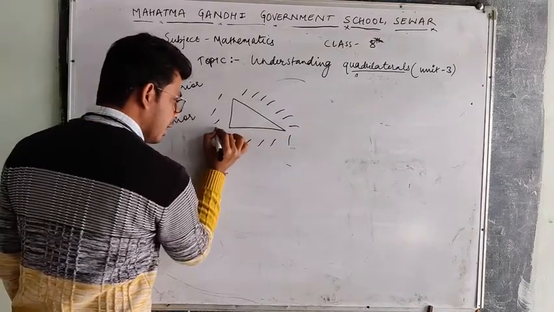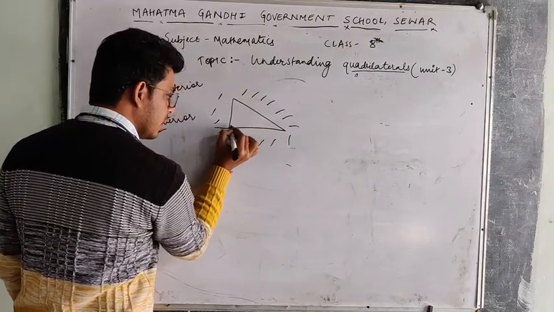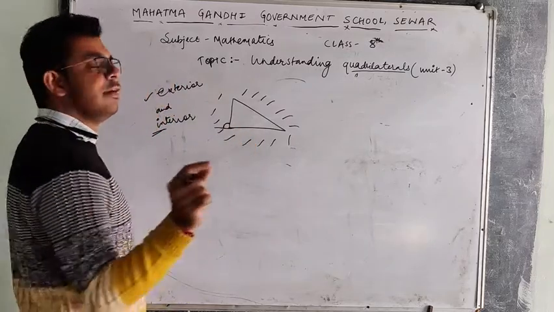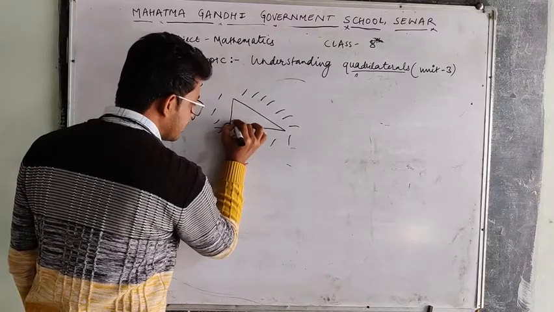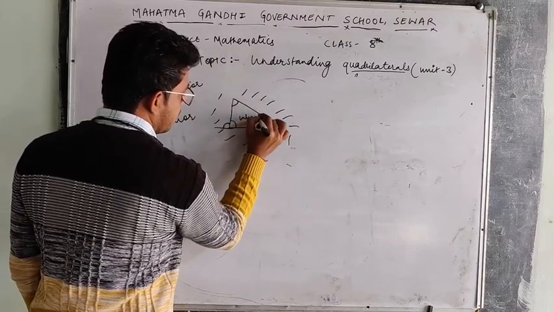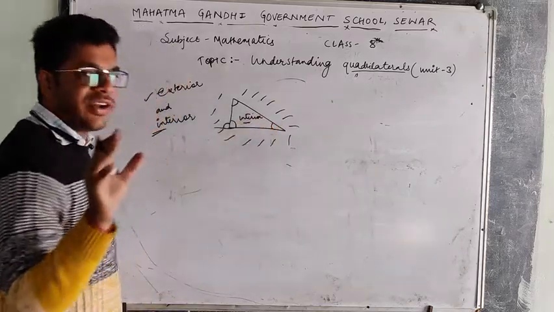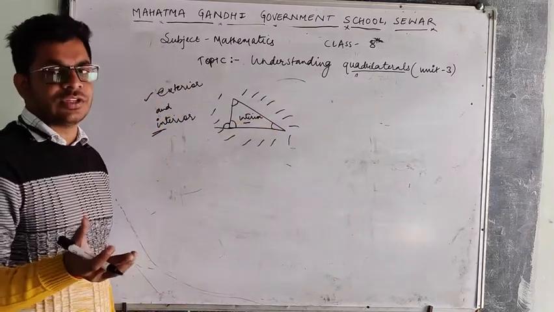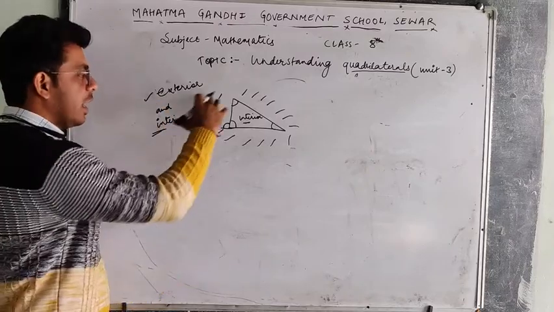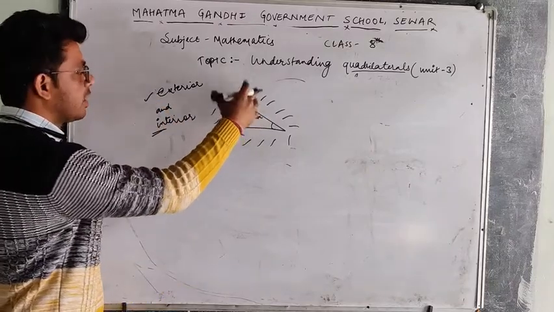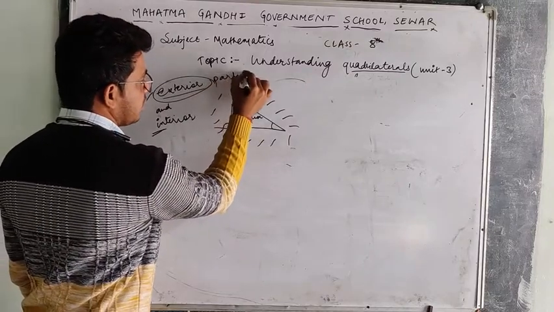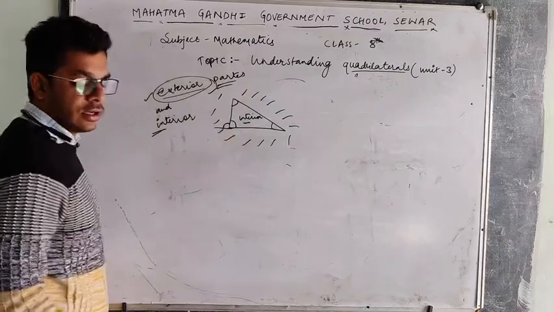If I extend this line and make an angle, then this angle will be exterior. Anything which is inside the structure is called interior. So the part which lies inside the structure is called the interior of any structure, and anything which lies outside the structure is called the exterior of any structure.